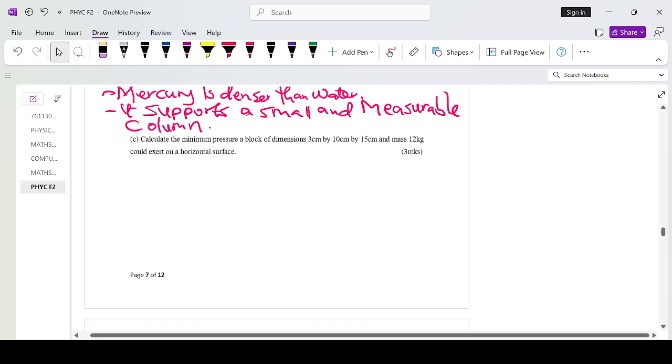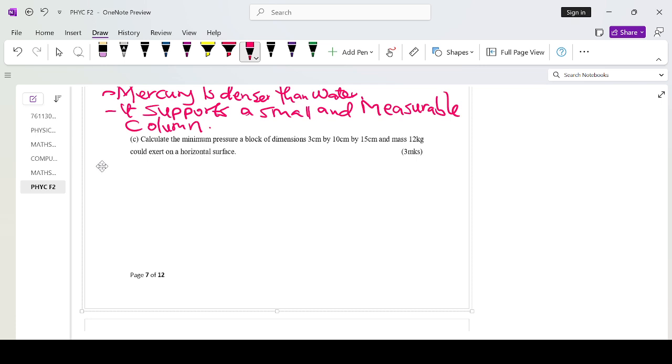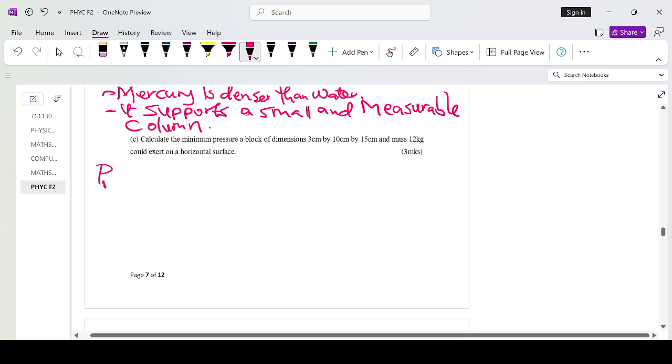Calculate the minimum pressure a block of these dimensions and this mass exerts. So remember that minimum pressure is given by force over maximum area. To get the pressure minimum, let's first get the force.